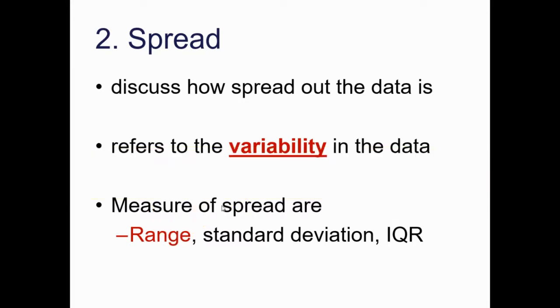Let me back that out because I kind of went past it. That's one you'll need to write down. So range is maximum minus minimum. The other two are standard deviation and IQR, which stands for interquartile range. Range we'll talk about now. These last two we'll talk about in chapter 4.